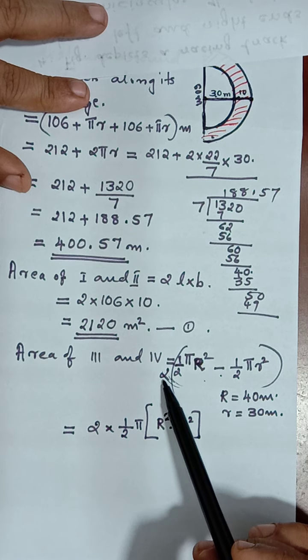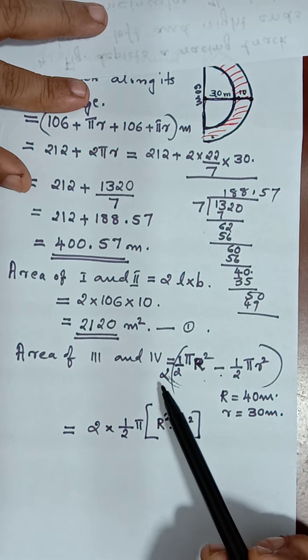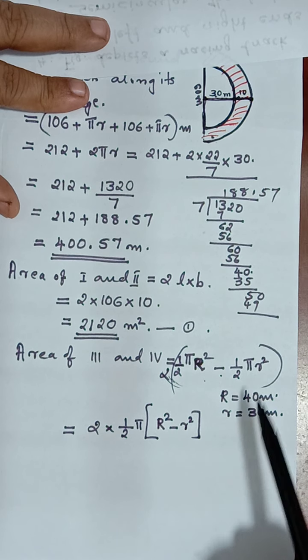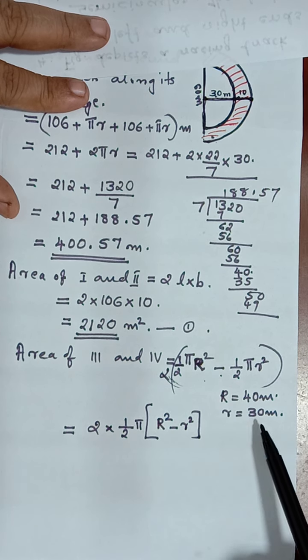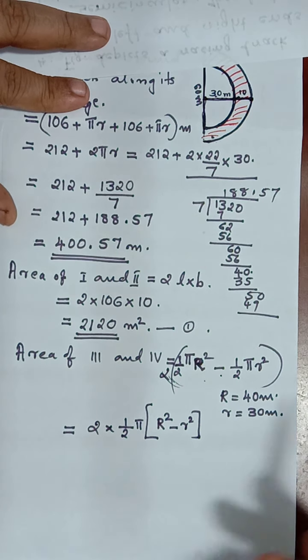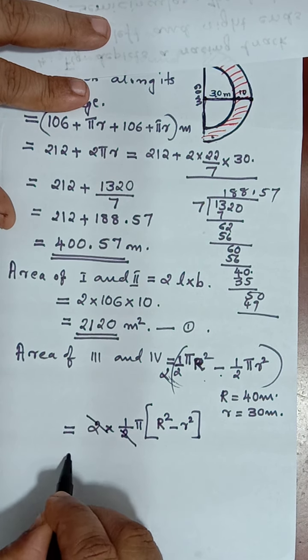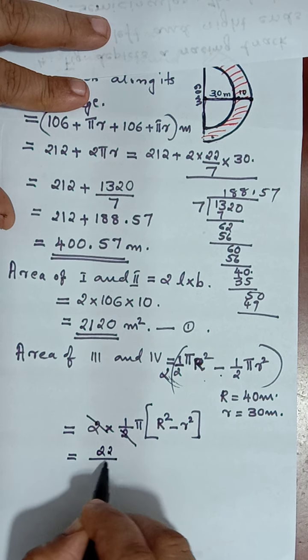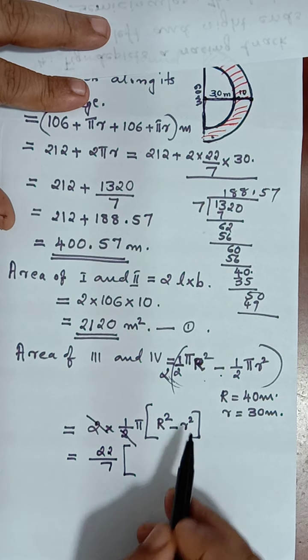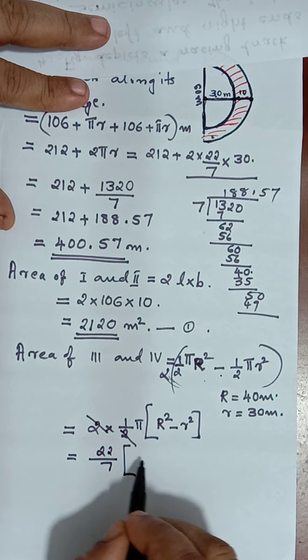So we have 2 shaded areas, third and fourth. So 2 into half pi R square minus half pi r square. R is radius 30 plus 10 width, so 40, and here r is 30. We can cancel the 2 with the half, and pi value is 22 by 7. This is a square minus b square, which is a plus b into a minus b.